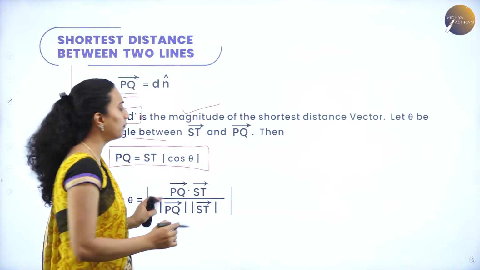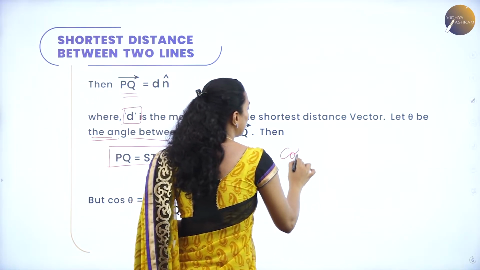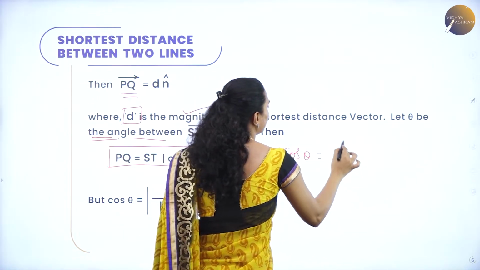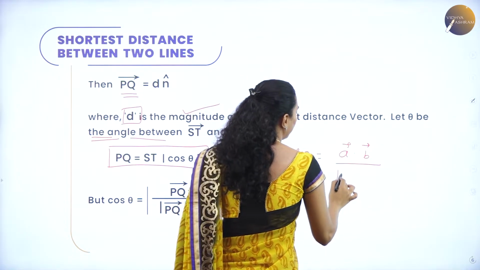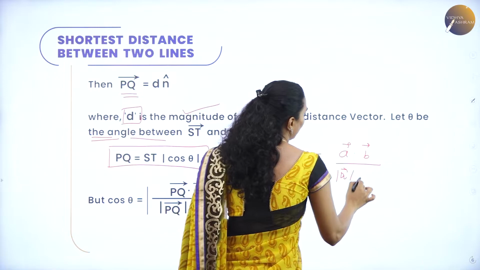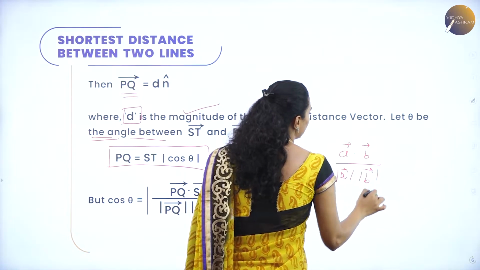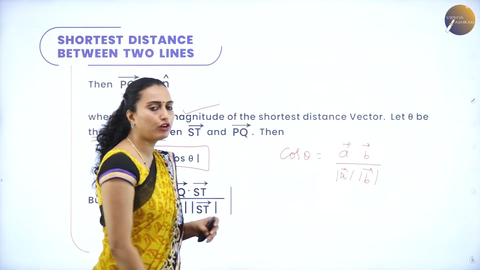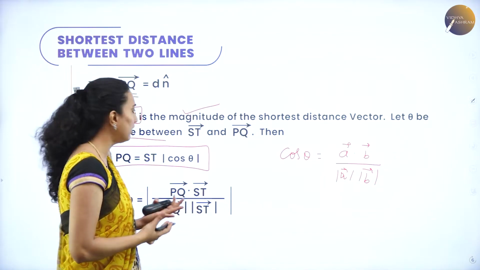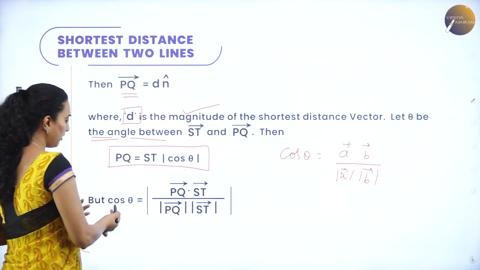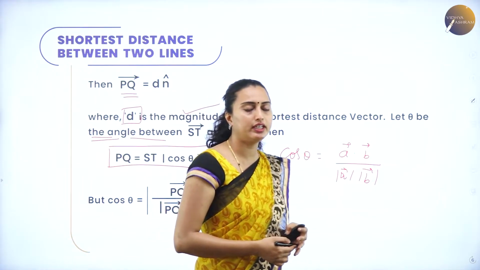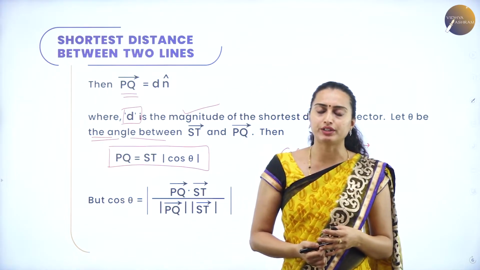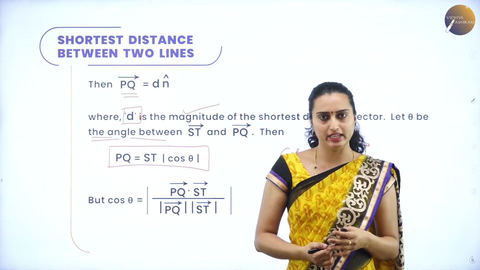Cos theta is nothing but, you know already, cos theta between A vector and B vector is given by A vector dot B vector divided by magnitude of A vector into magnitude of B vector, isn't it? This is the dot product formula for cos theta. Similarly, here if you have taken PQ and ST, cos theta is equal to PQ vector dot ST vector divided by magnitude of PQ vector into magnitude of ST, okay?